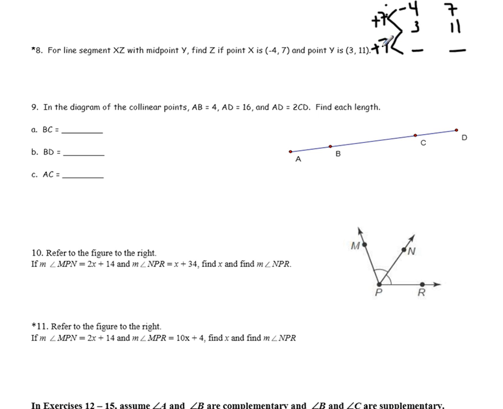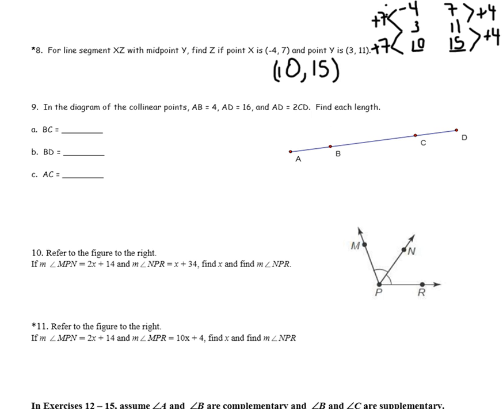So 3 plus 7 is 10. Here we're getting from 7 to 11. So we're going up 4 places. To get the same distance on the other side, we're going to go up 4 more places. 11 plus 4 is 15. So our other endpoint is 10, 15. It's written as an ordered pair.